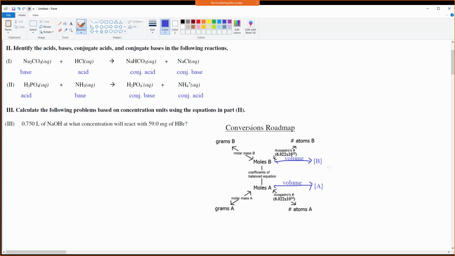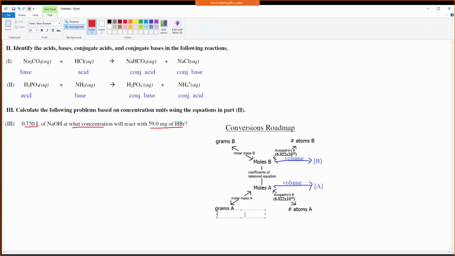So using just this little set of off-roading, then we can identify where we're going from and where we're going to. So of the base, they gave us 0.750 liters. They want to know the concentration, and they gave me milligrams of the acid.